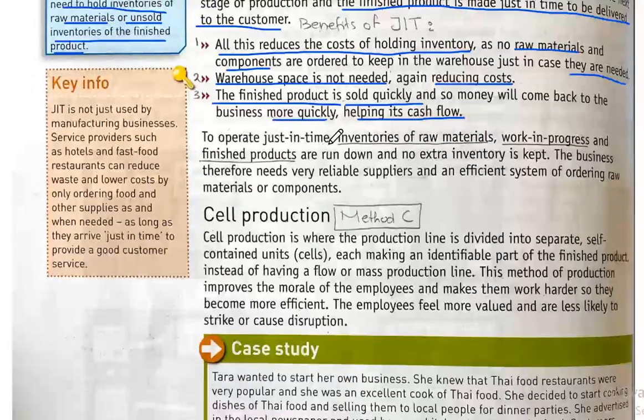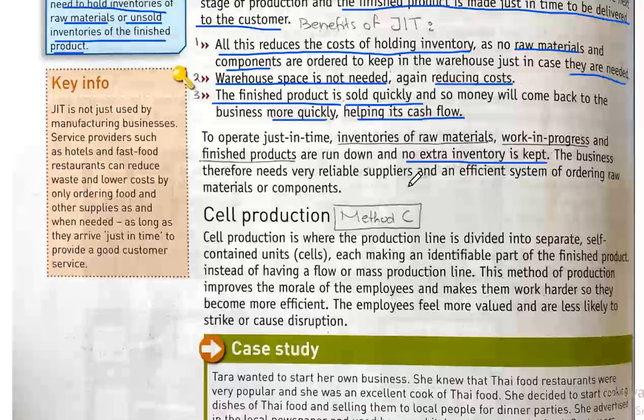To operate just in time, inventories of raw material, work in progress, and finished goods are run down. No extra inventory is kept. We're revolving around the main point: no inventory cost, no inventory kept whatsoever, because only when the customer orders would I start the production process and order the raw material.